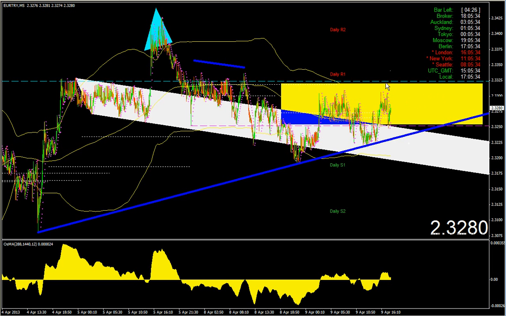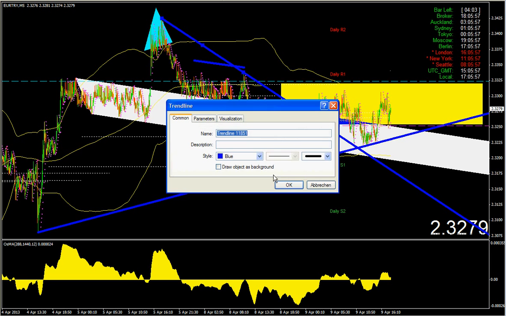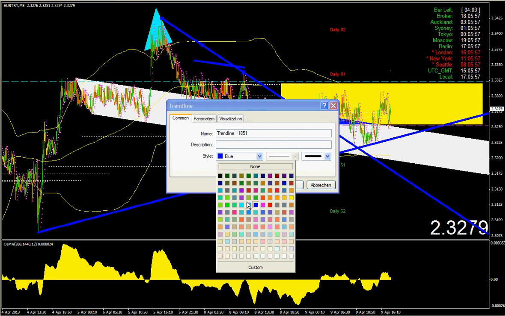From the other side, if we take the highs, we can also create the highs from the end of last week and from Monday. Look at this, very interesting.